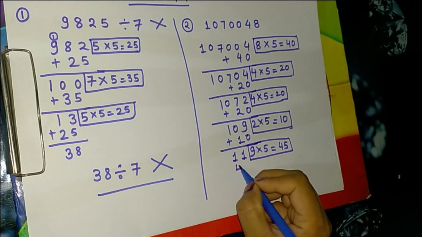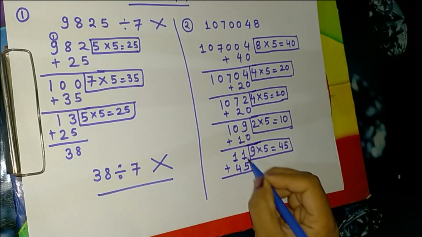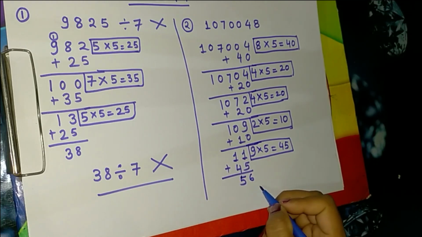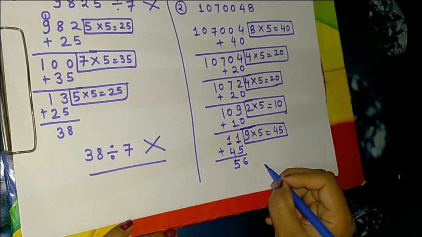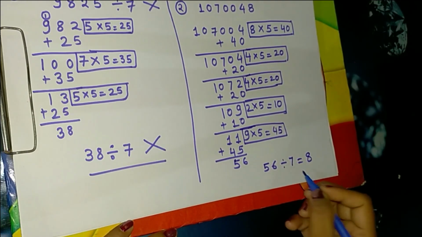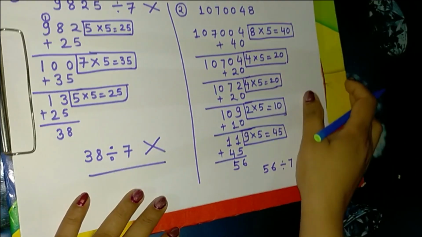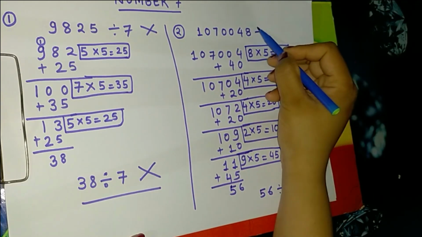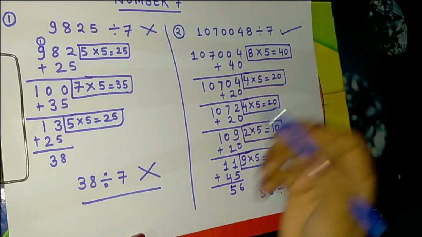We need to add this 45 here. 5 plus 1 is 6, 1 plus 4 is 5. We got the number 56. So here we know that 56 is divisible by 7. So we can say that our bigger number 10,70,048 will also be divisible by 7.